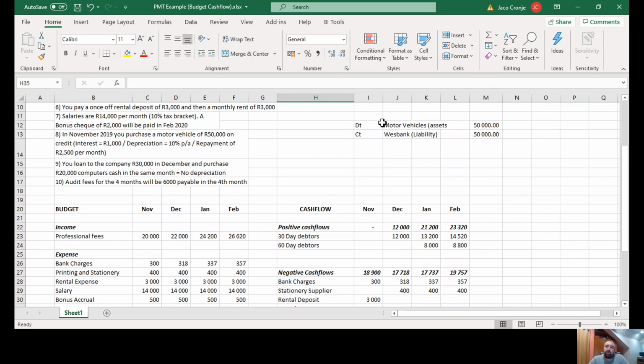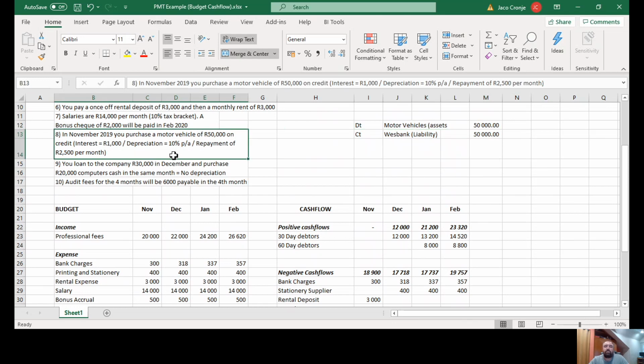So I'm sure you'll all agree with me, if you were to buy a motor vehicle of 50,000 Rand today, in 1 year from now, that vehicle is not going to be worth 50,000 Rand. It's maybe going to be worth 40. And a year from that, even less and even less and even less. So what the question is telling us is this motor vehicle is losing 10% of its value per annum.